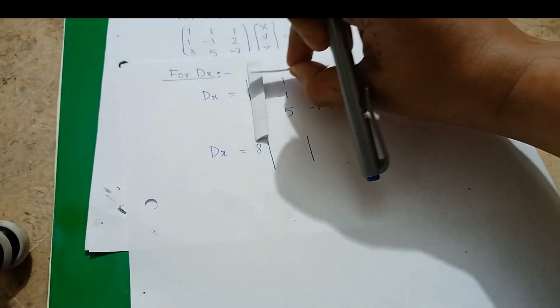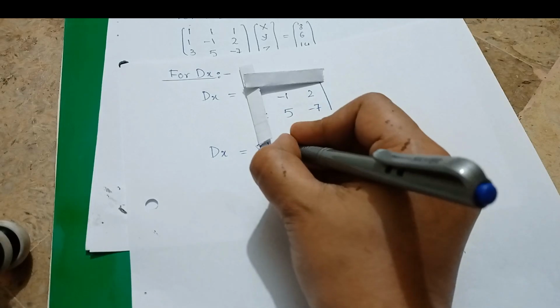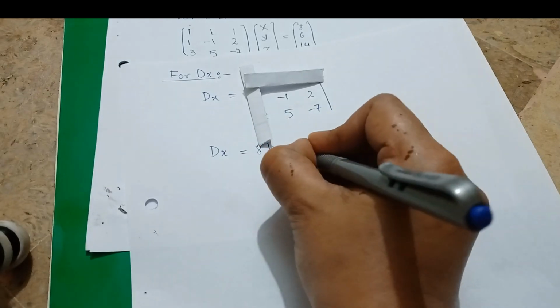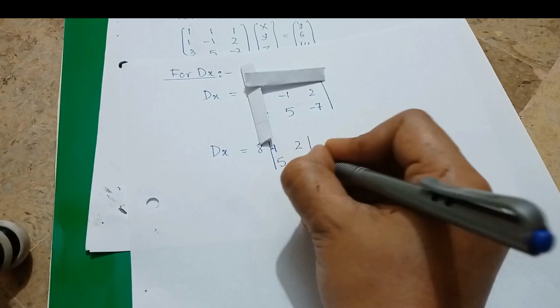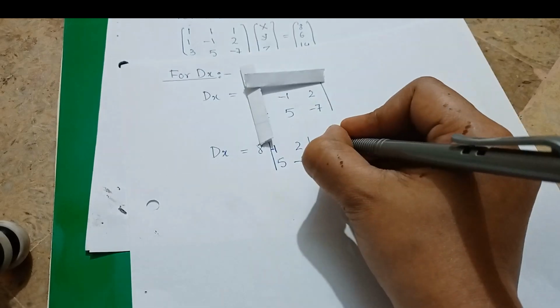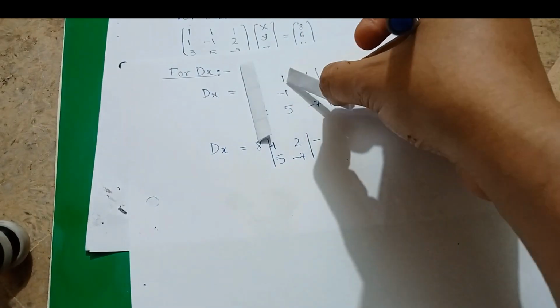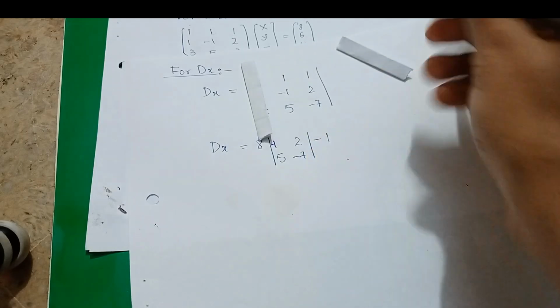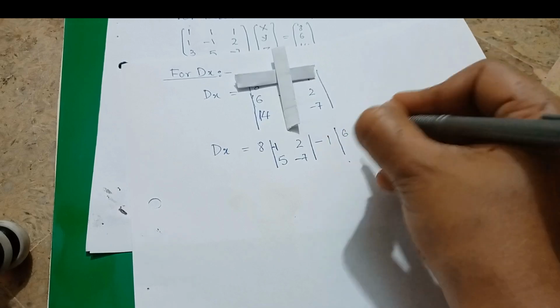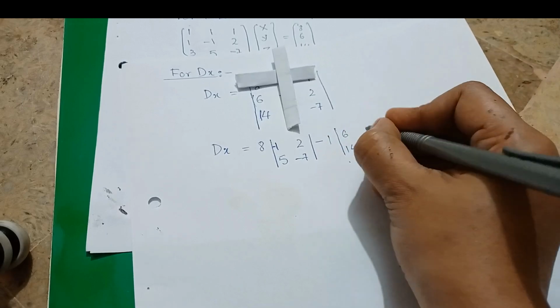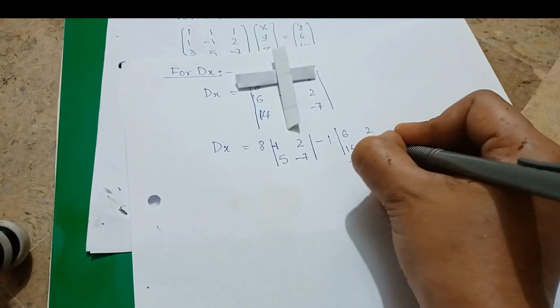I hide these values here. 1 2 minus 1 2 5 minus 7, minus 1, 6 14 2 minus 7.